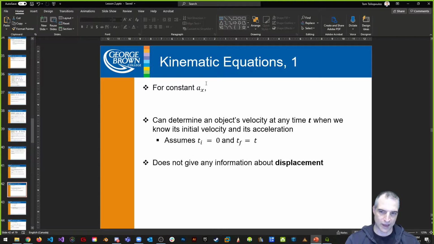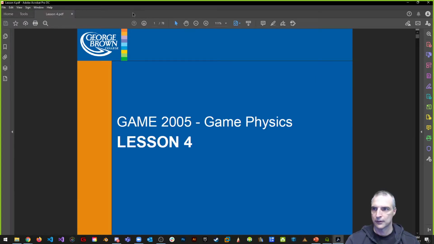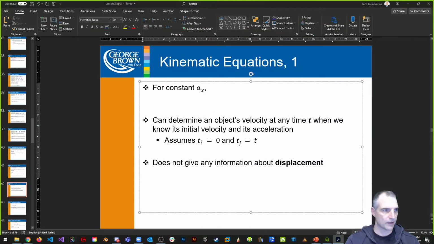So for constant A, the first equation is I have the displacement. That's really weird. Whatever happened there. That's terrible. Let me see if I can pull that out. Hold on, guys, because that messes me up. I get mad when I see that kind of stuff happen. Bear with me. I usually make PDFs, and usually I have that information at least in a PDF that I can capture.